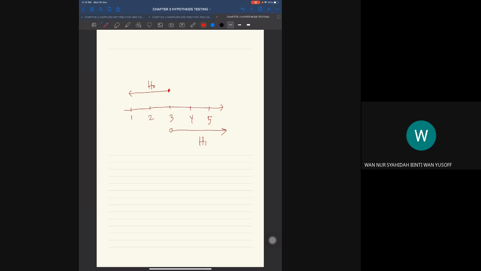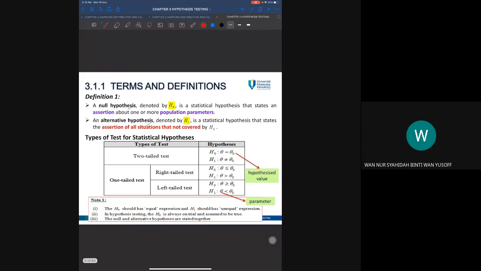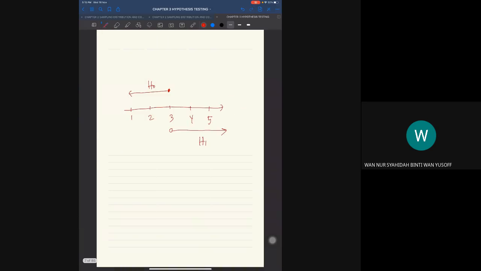So how do we know whether the hypothesis that we get from the question is the null hypothesis or the alternative hypothesis, H null or H1? It is based on the sign. H null is always with an equal sign.